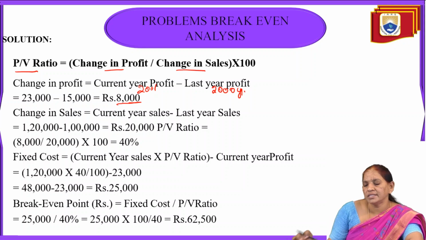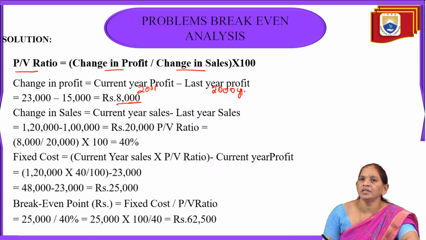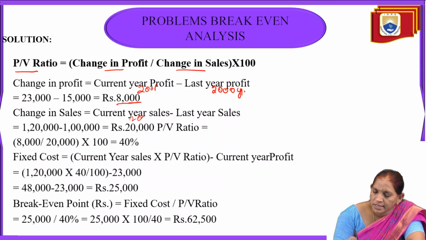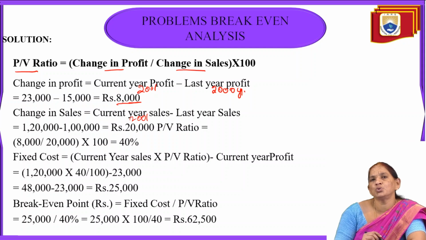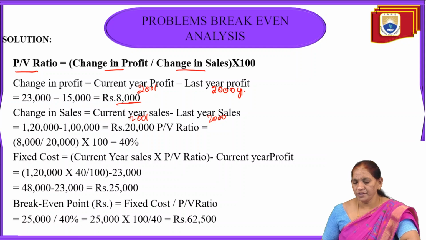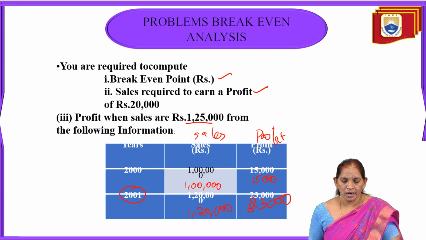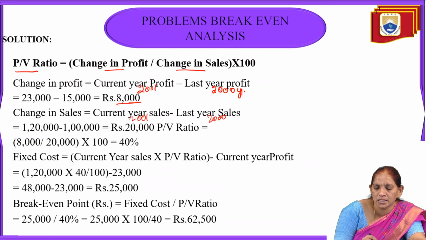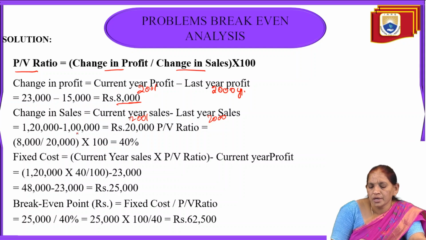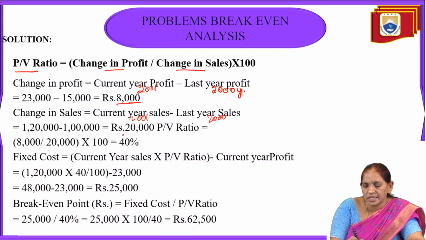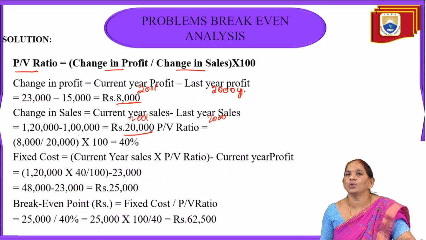In the same way for sales, current year sales means 2001 and last year means 2000. The current year sales are 1,20,000 and the last year sales are 1 lakh. So 1,20,000 minus 1 lakh, and we get the change in sales as 20,000 rupees.